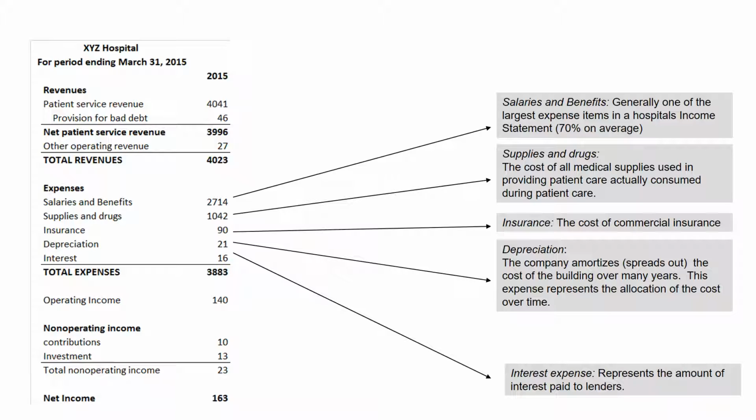Next, we have insurance. Our hospital has an insurance plan in place, and we have to make payments on that, and that's the cost of the commercial insurance for this quarter. We have depreciation. So you have $21 of depreciation.